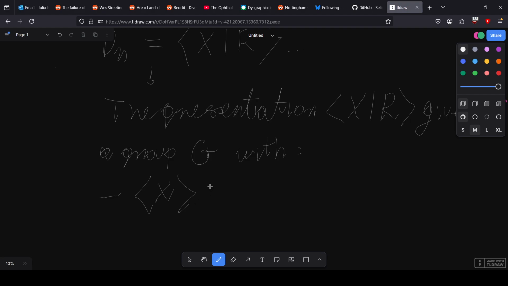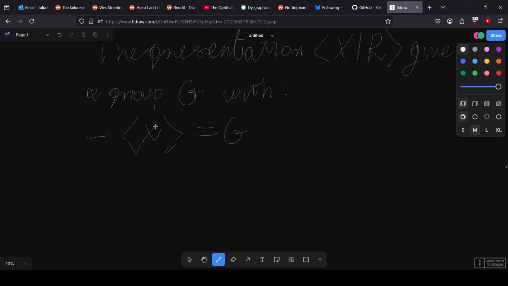Our set X generates G, but in addition to that, we have that for all elements r of R, r is equal to 1 in G.